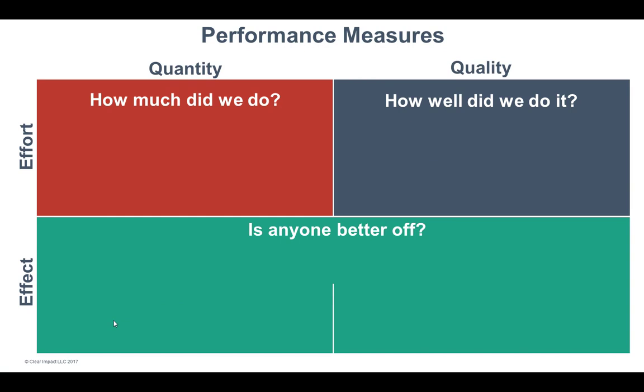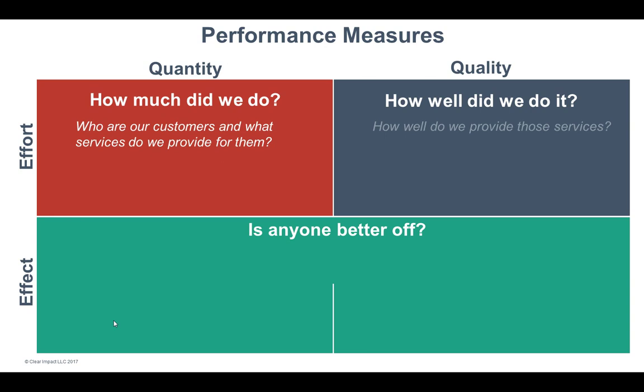When we combine these concepts, we have 3 types of performance measures: the how much, the how well, is anyone better off? So who are our customers and what services did we provide them would be an example of how much did we do. Basically, we're answering quantity questions such as how many and how much. Quality, how well did we do it?